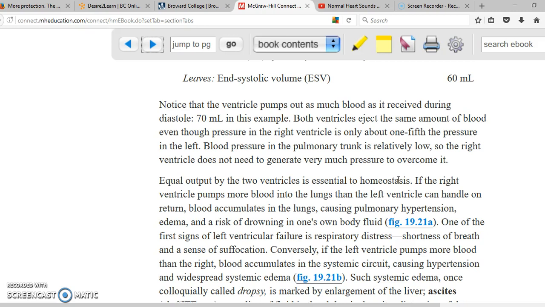So one concept that you need to understand is that the amount of blood that you pump in your right ventricle is the same amount of blood that you pump in your left ventricle. Otherwise blood is going to accumulate either in your lungs or in your body. And obviously that's going to cause a problem. You may die from that.